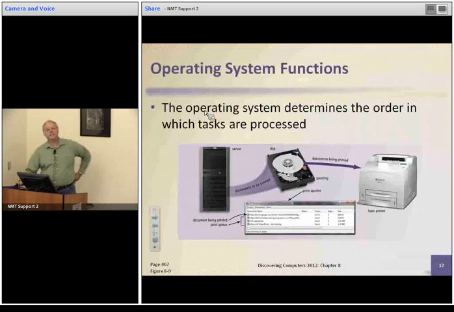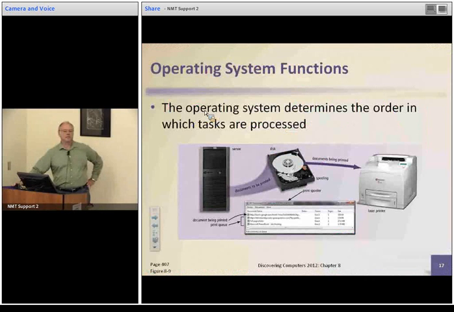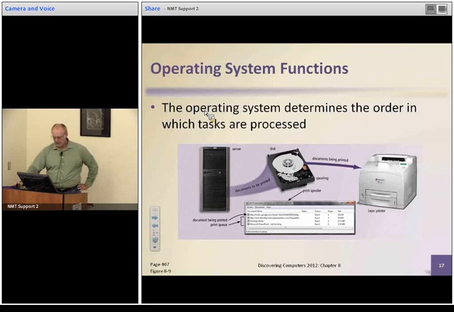So the next thing we need to think about in the operating system, so that's managing memory, it's all about resources, is the order in which tasks are processed. Okay? So it has to make a decision. As I said, your desktop and most computers do things in a sequential order. What's next? Okay, what's next? Well, it has to decide what to run next.